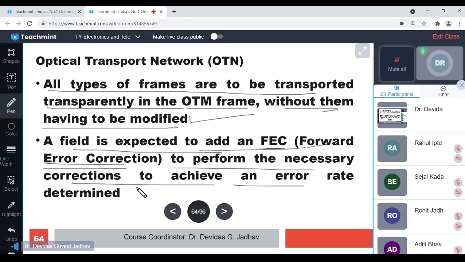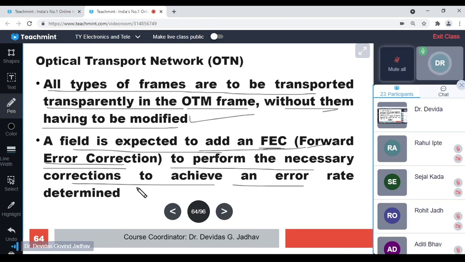Okay, forward error correction. If there are errors, whenever 1 is sent, 0 may be received, 0 is sent, 1 may be received, data may become erroneous. There is error which gets added, or it is corrupting the data whenever the data is flowing in the network.